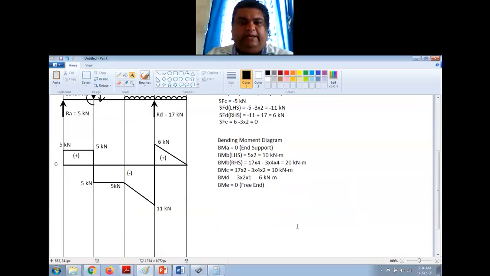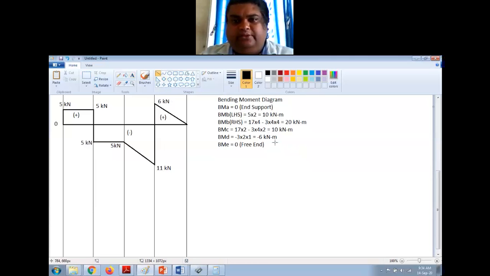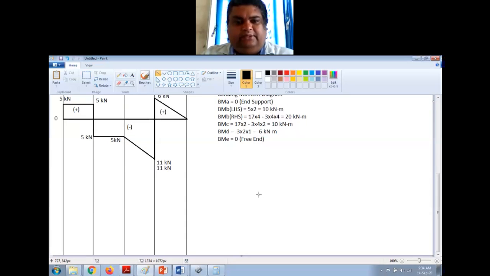Okay, so I have calculated all the bending moments. Now I have to draw the BMD, right? So for drawing BMD, let me see the values. The maximum on the positive side is 20, and on the negative side it is minus 6, right? So I think this much space is enough.